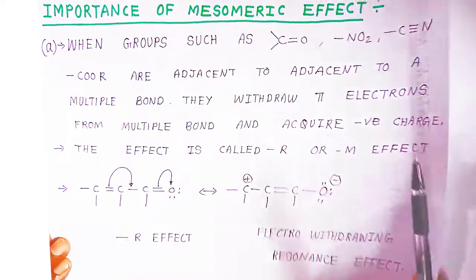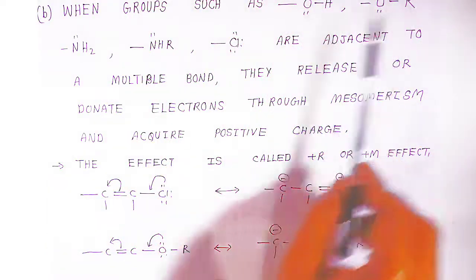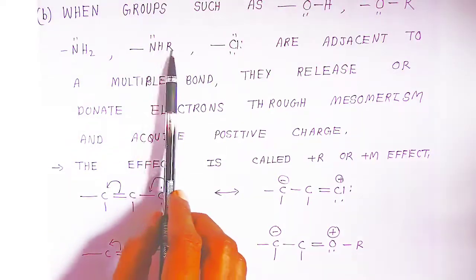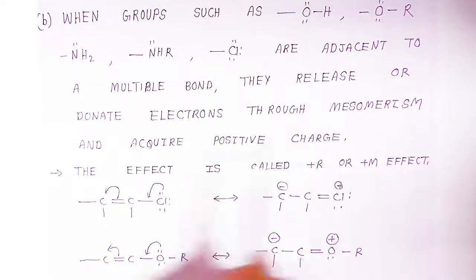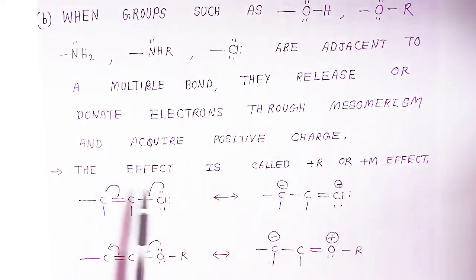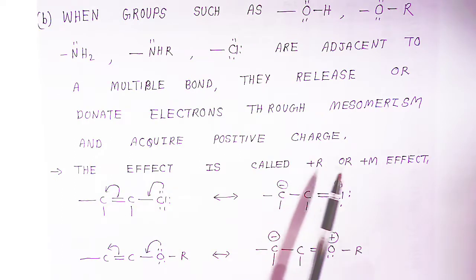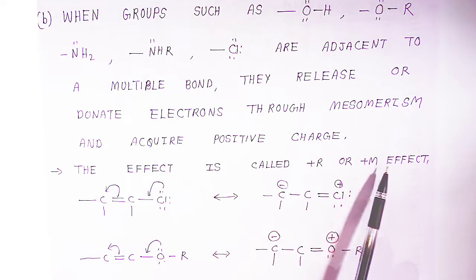Now, when a group such as hydroxyl, alkoxy, amine, NHR, or chloride is adjacent to the multiple bond, they release or donate electrons through the mesomeric effect and acquire a positive charge. This effect is called plus R or plus M effect, that is positive resonance or positive mesomeric effect.